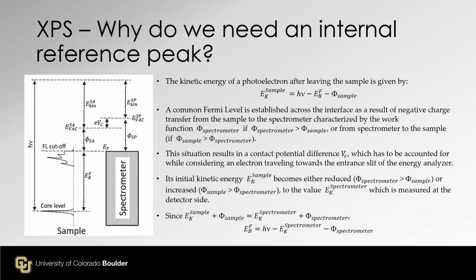It's a very tricky situation, sometimes challenging, but as long as we can find a good internal reference peak energy location, then we can talk about chemical environment and more accurate binding energy calculations for conductor systems.